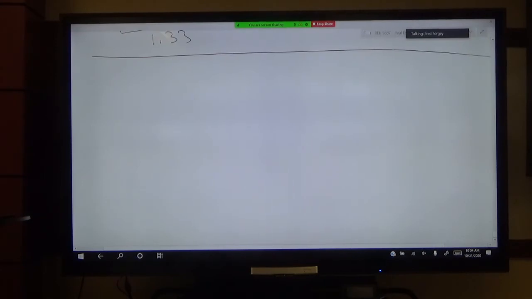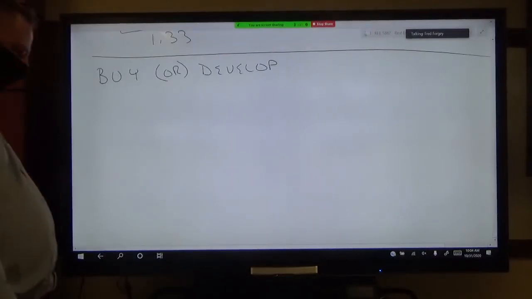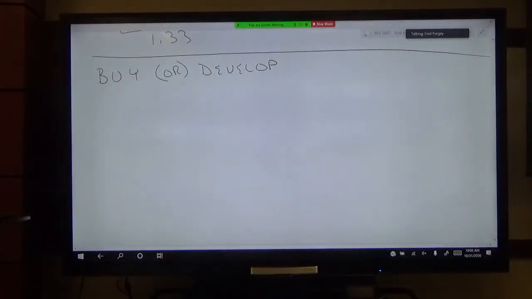Okay. So another thing we want to explore is, in general, buy or develop, in a very basic way, to illustrate yet another concept.